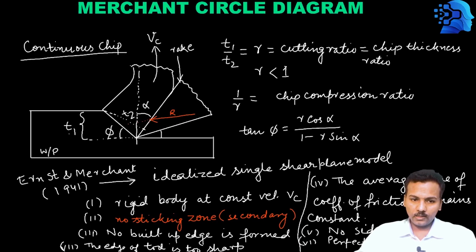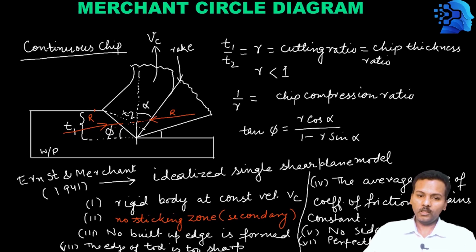Since the chip is flowing at a constant velocity, this is only possible if R is opposite and equal to R dash, and both forces are collinear, so their lines of action coincide. The net resultant force on the chip will be 0, and that is the condition when the chip flows at a constant velocity Vc.